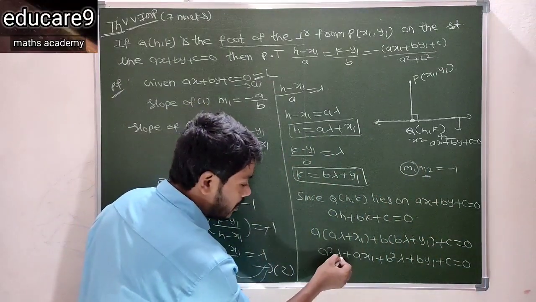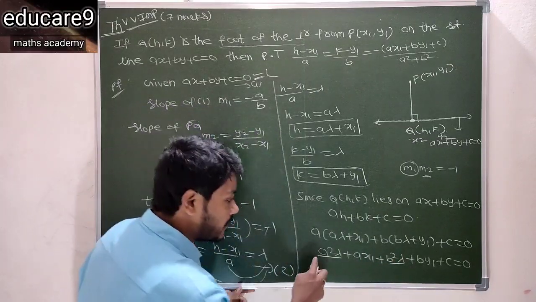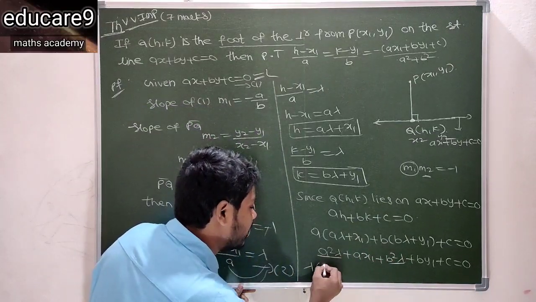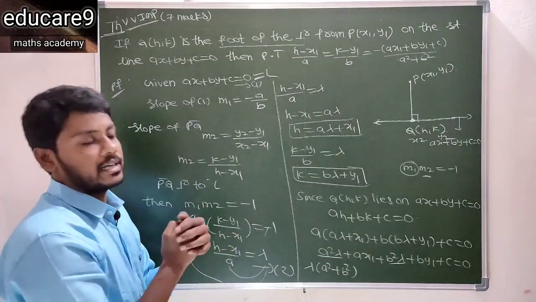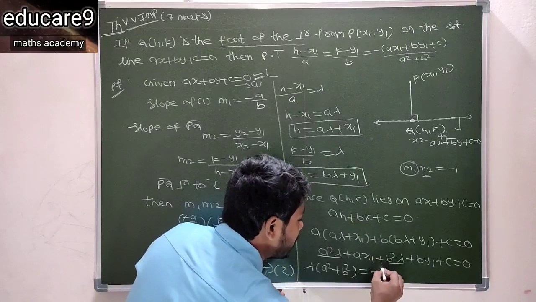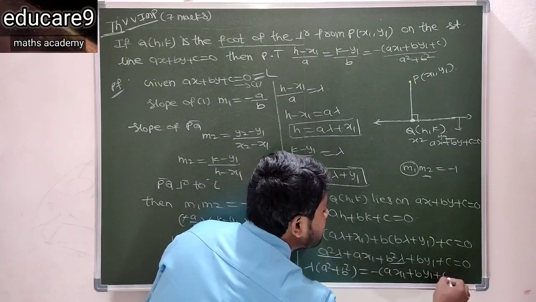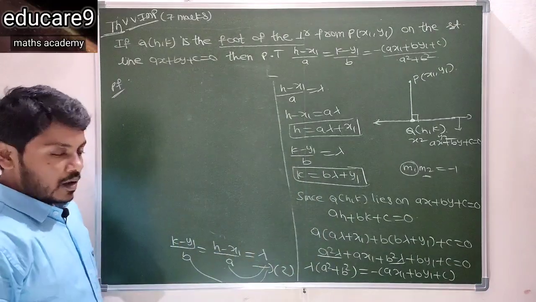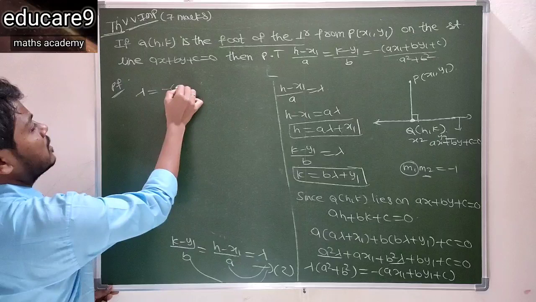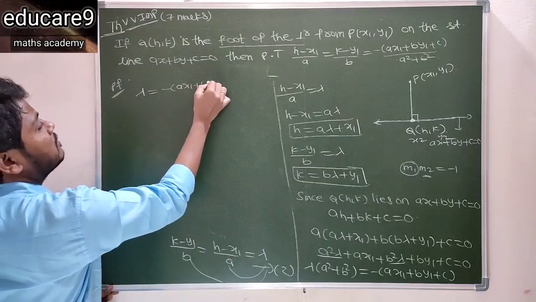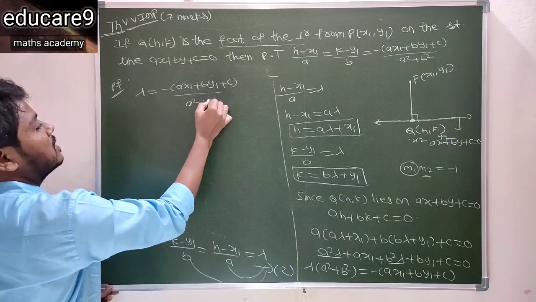Now here a square lambda, b square lambda. From these two, lambda is common, you will get a square plus b square. So send the remaining values to the right side, then it becomes minus of (ax1 plus by1 plus c). Now write the lambda value. Lambda equals minus of (ax1 plus by1 plus c) by a square plus b square.